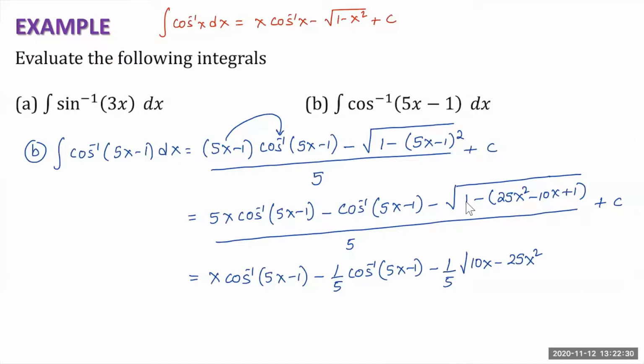They will get cancelled. So we just have 10x minus 25x squared inside this square root. And at the end, we have plus c. So that is the value of the integral given here in part B.